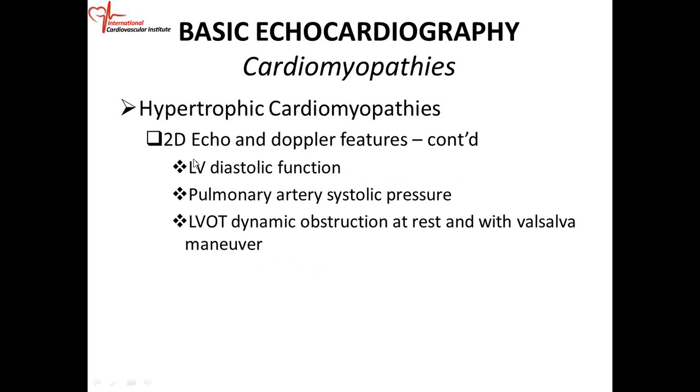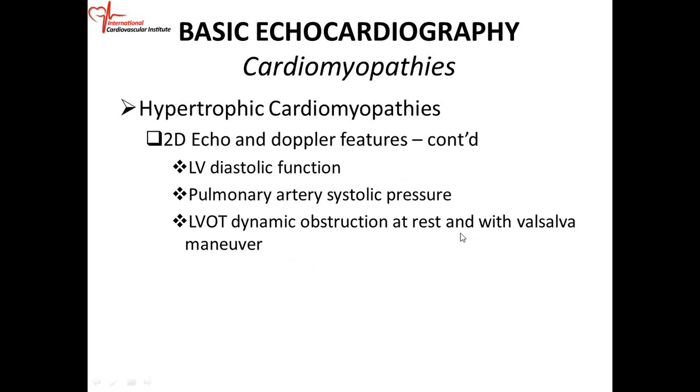All right, so again, you need to do your diastolic function assessment. So you have to go through your different parameters. You look at your mitral inflow, look at your tissue Doppler to determine if there is diastolic dysfunction, and the grade, and pulmonary artery systolic pressure. So you have to do that. You have to check for left ventricular flow tract obstruction.